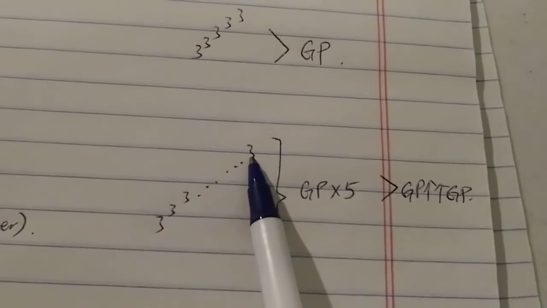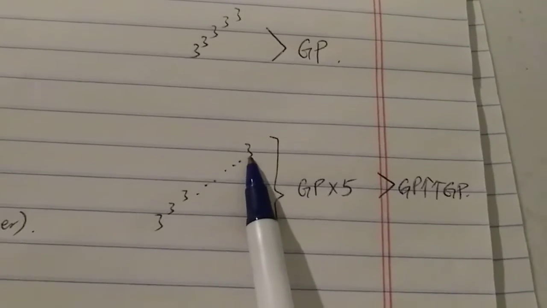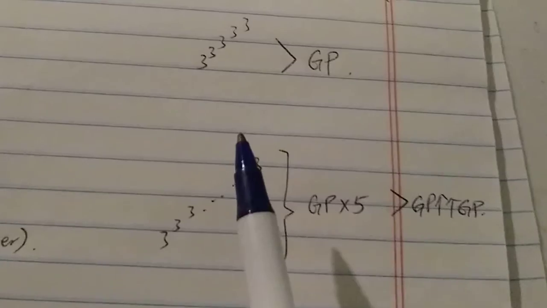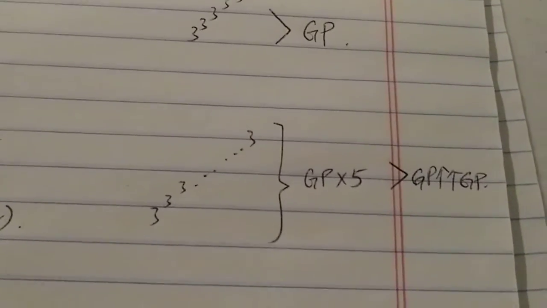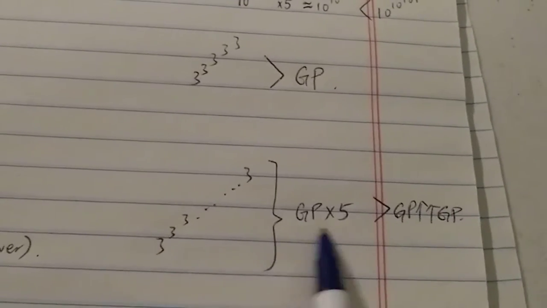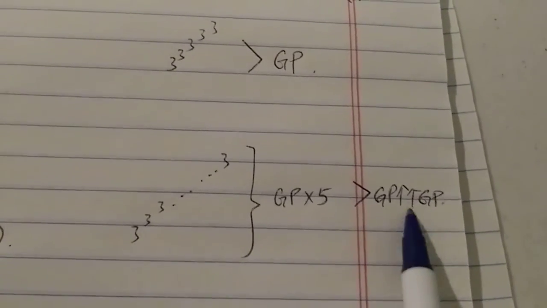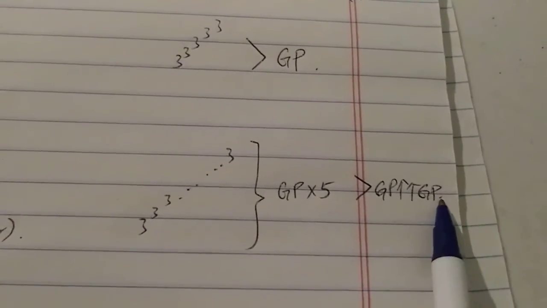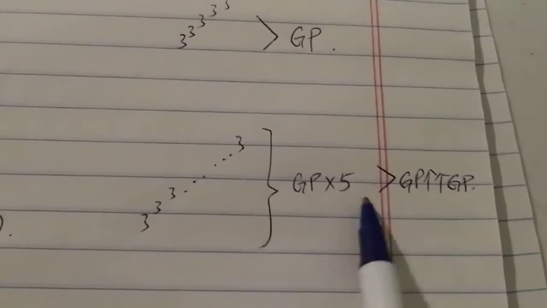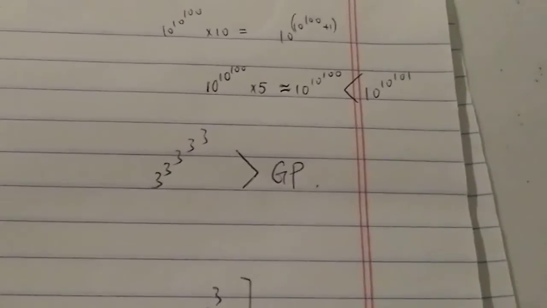But in fact, if you do the actual power tower, you have to start from the right, or the top to the bottom, and if you do it that way, it gives you a much bigger result. So at the end, this one is way bigger than Googolplex to the power of Googolplex for a Googolplex number of times, actually, even if there's only Googolplex times 5 number of threes.